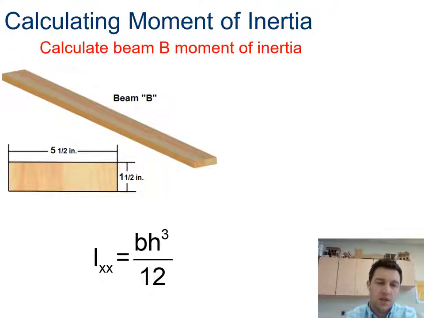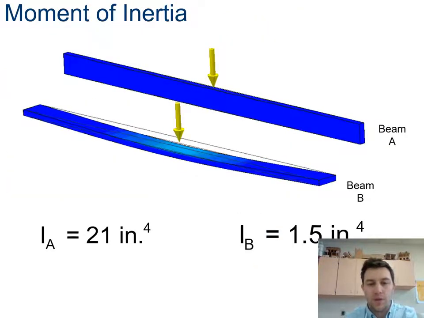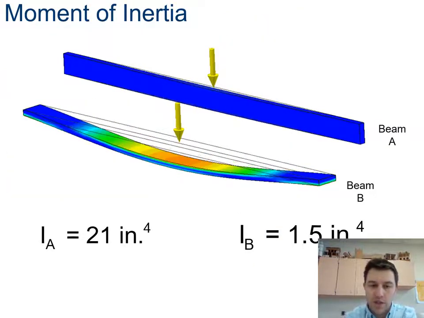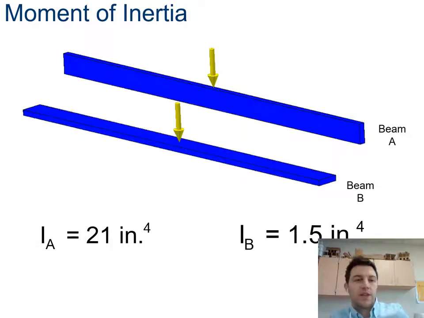Because the height cubed is such a smaller number, my moment of inertia ends up being a much smaller number as well. When I compare 1.5 inches to the fourth to my previous 21 inches to the fourth, that's a pretty significant difference. That's why there's so much more deflection in beam B. My moment of inertia is significantly less.